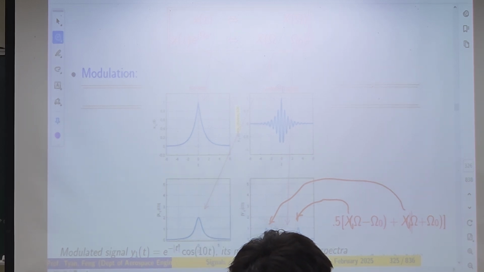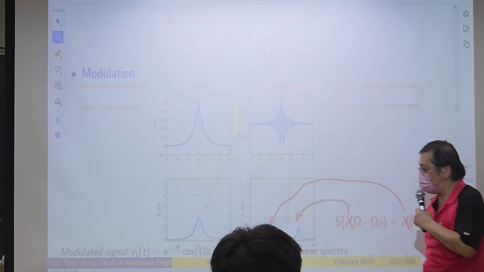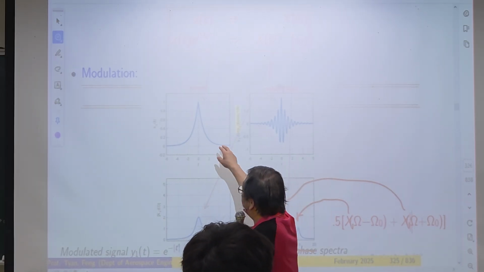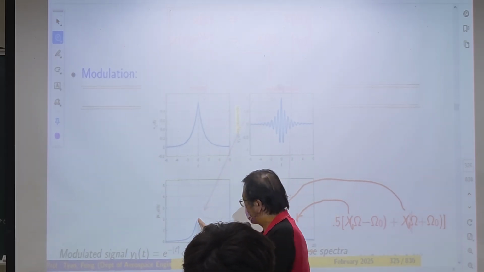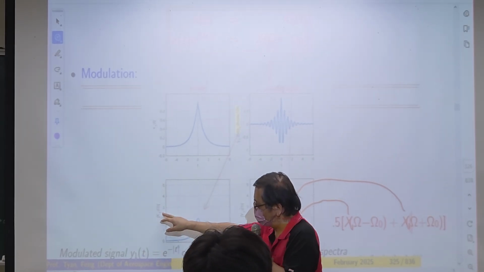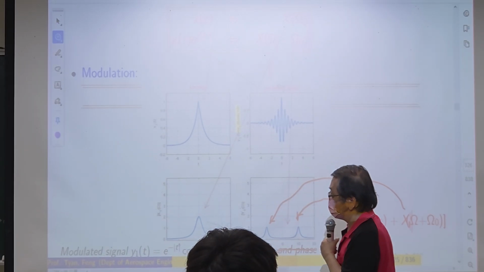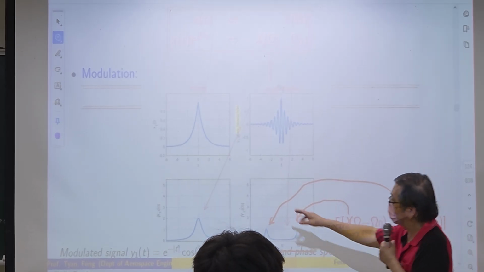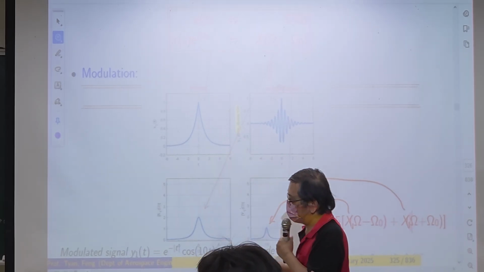And this is identical to what we have seen in the Fourier series expansion. The same. And one thing you have to see is, if you look at the amplitude, for the original signal, the peak value is 2. This is the peak value of the frequency response of the original signal, the message.